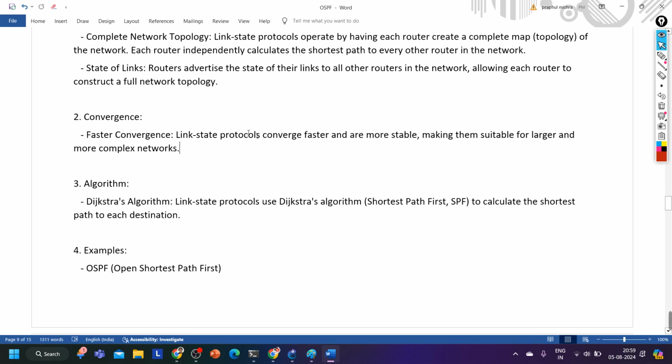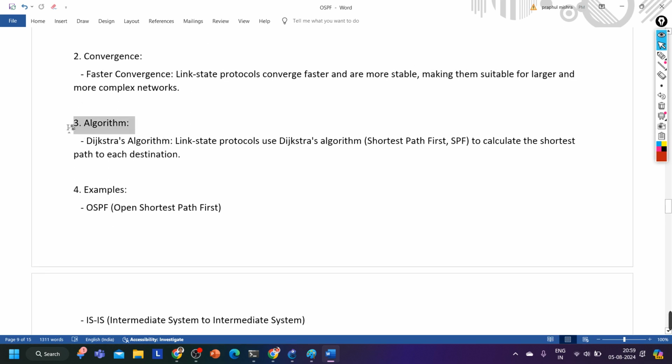Right? But link state routing protocol is stable and its convergence is fast, making it suitable for large and more complex networks. Then the algorithm. Link state routing protocols use the Dijkstra algorithm. OSPF uses the SPF algorithm, shortest path first algorithm, right?